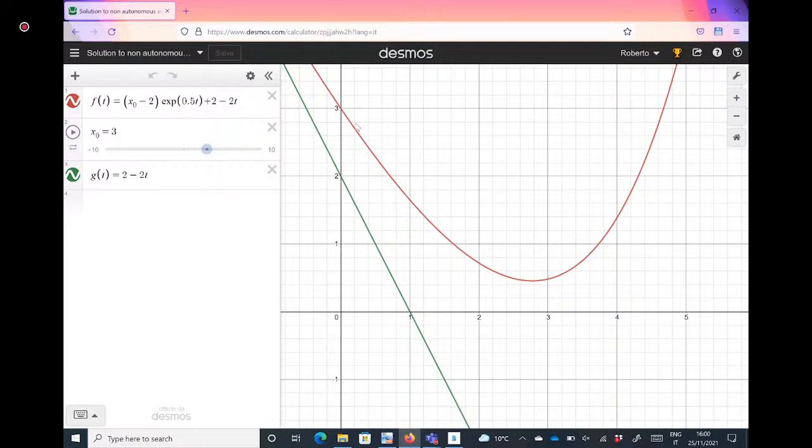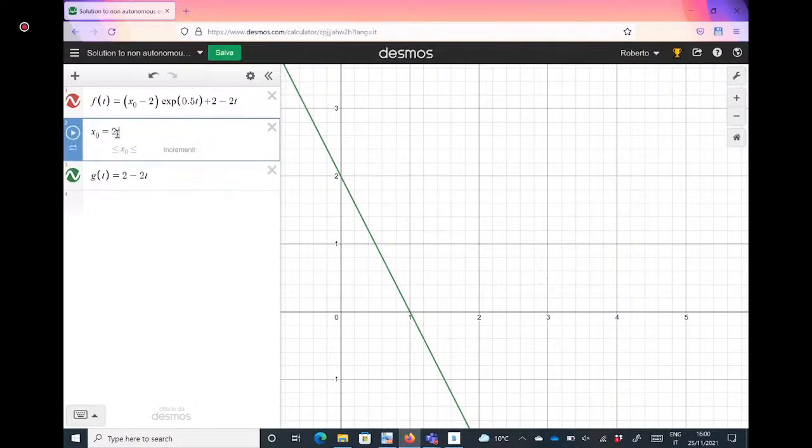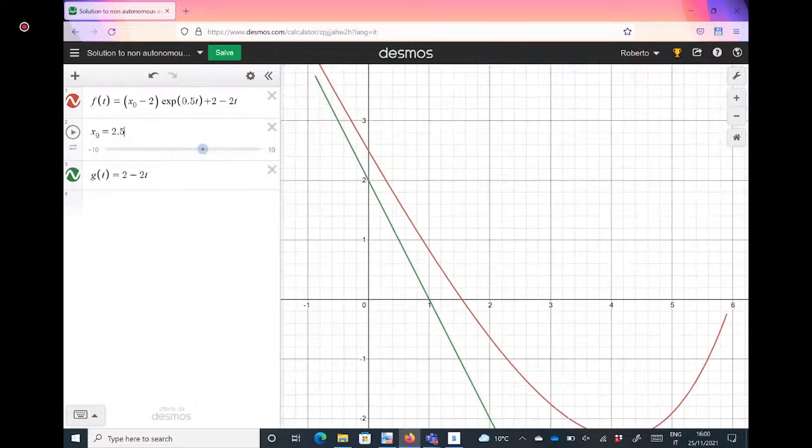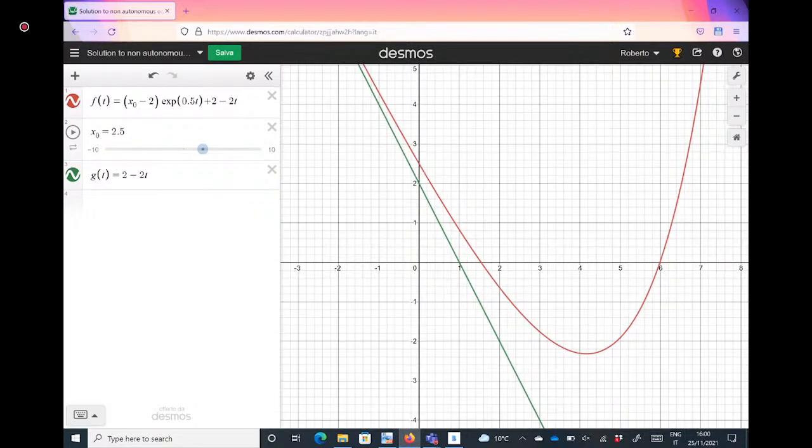And the green one is the very particular solution that we found. Both of them belong to the family of the infinitely many solutions. Now suppose that my x0 is not 3, it's 2.1. You see, it starts very close to 2. For a long time, it evolves very close to the green solution. If it starts from 2.5, you see, it goes like this.